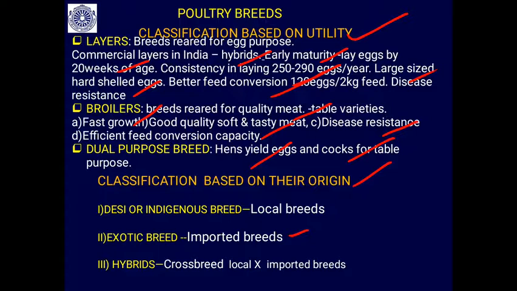The imported breeds are for quality meat, and they have to be bred with the local or indigenous breeds, because indigenous breeds are disease resistant. They are hardy in the sense that they can sustain very well.